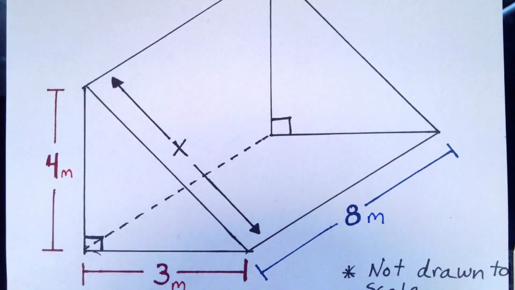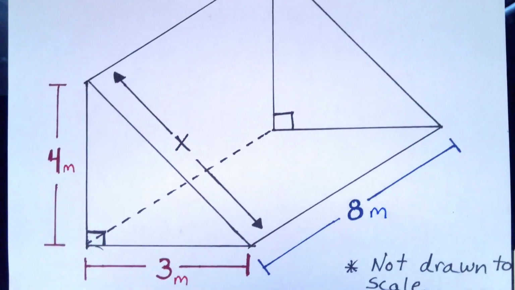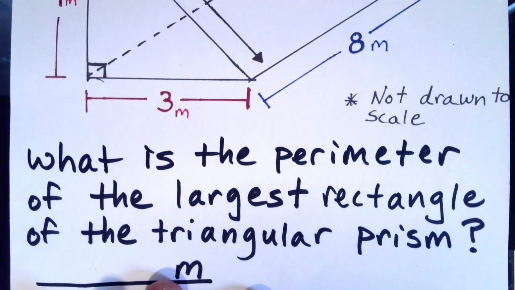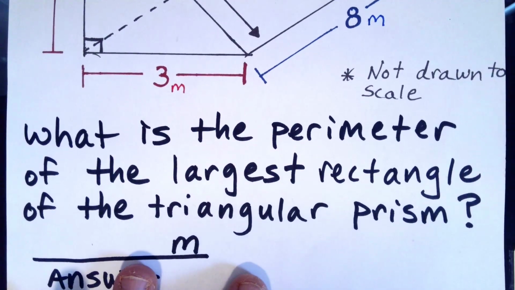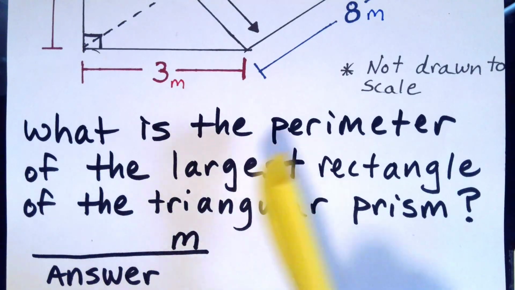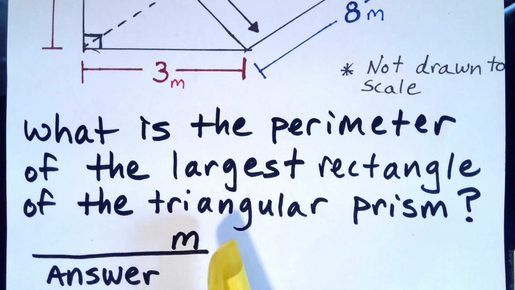All right, so in this question number 4, we're still using that exact same diagram. And so I want to propose the question. Again, this is not drawn to scale. What is the perimeter of the largest rectangle of the triangular prism?